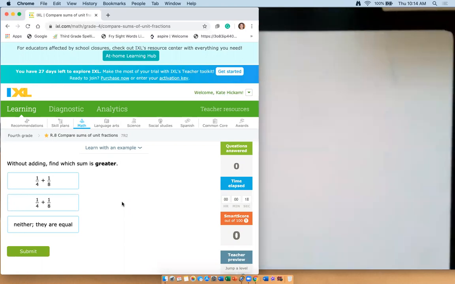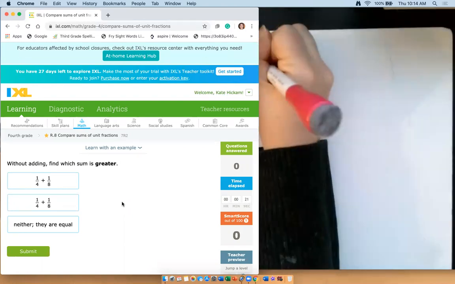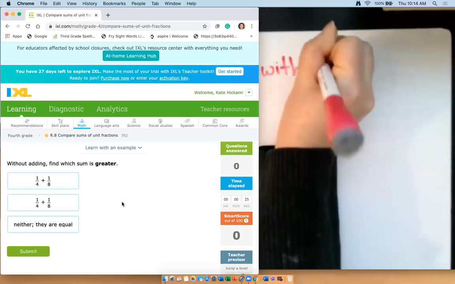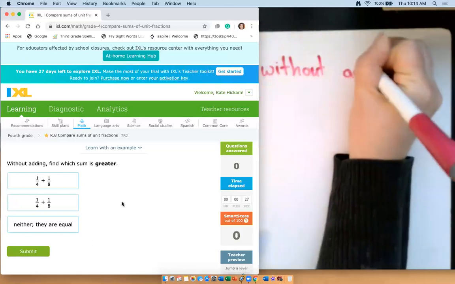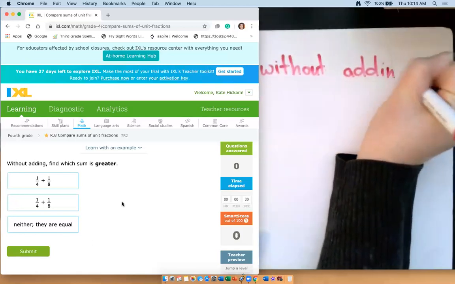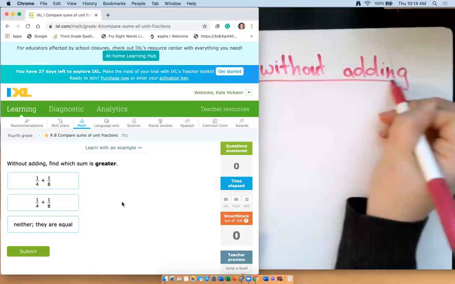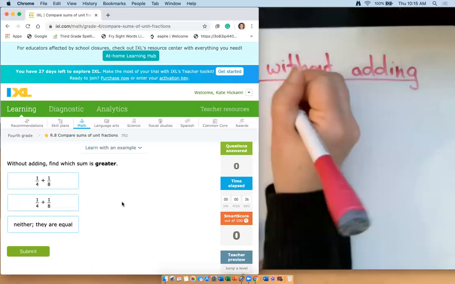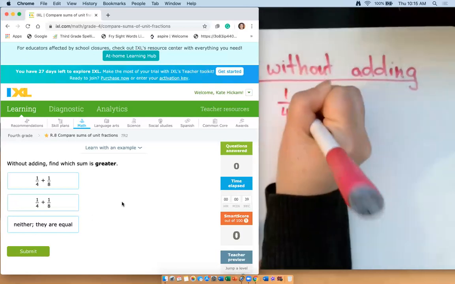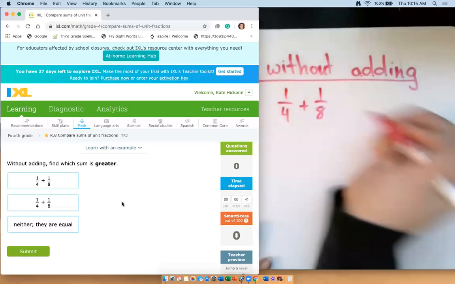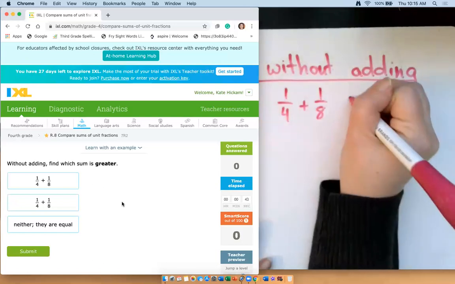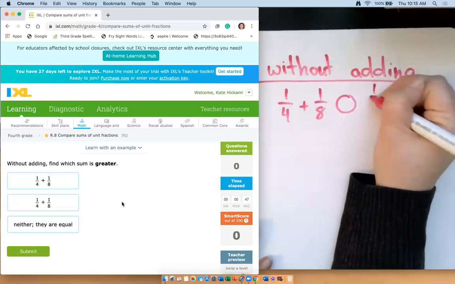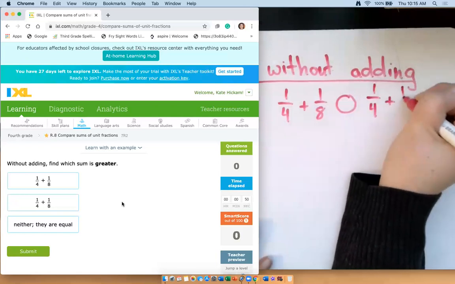So this one, it says we need to do all these without adding. So we need to solve these without actually adding. So the first thing is we have 1/4 plus 1/8, and we are comparing it to 1/4 plus 1/8.